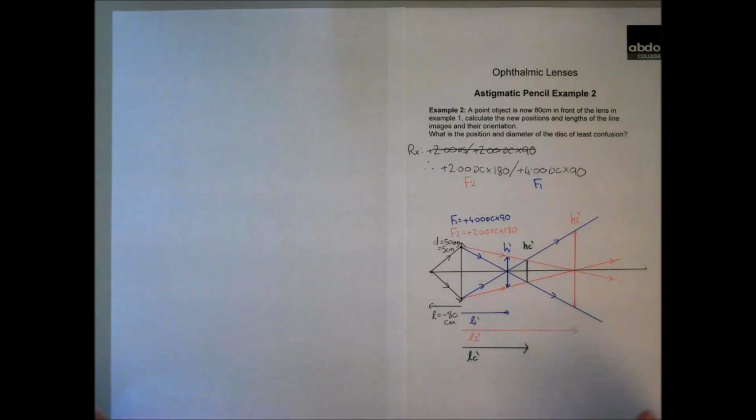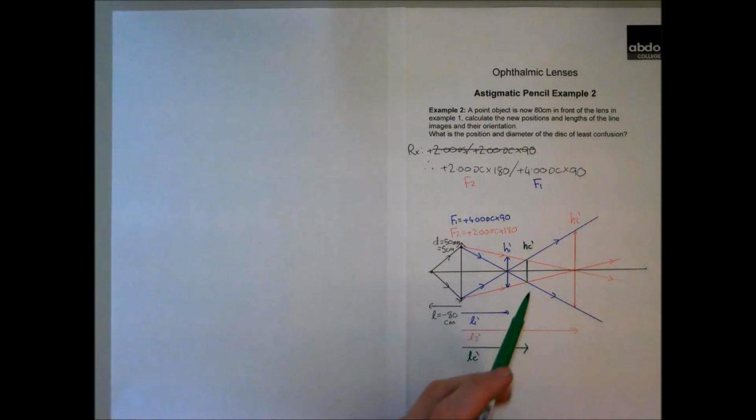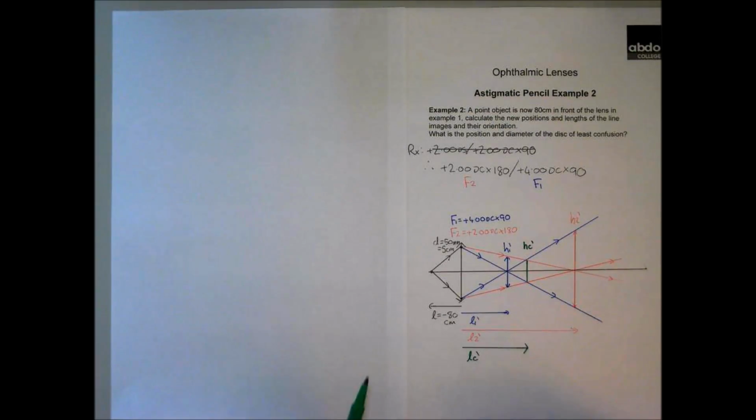All we're left to find now are the features of the disk of least confusion, the point where we are at our smallest cross-section along the astigmatic pencil and where it would create the clearest image if an eye was to view this structure of light. Now, we can't find LC dashed by using the relationships of little l2 dashed and little l1 dashed because we know that focal lengths aren't additive.